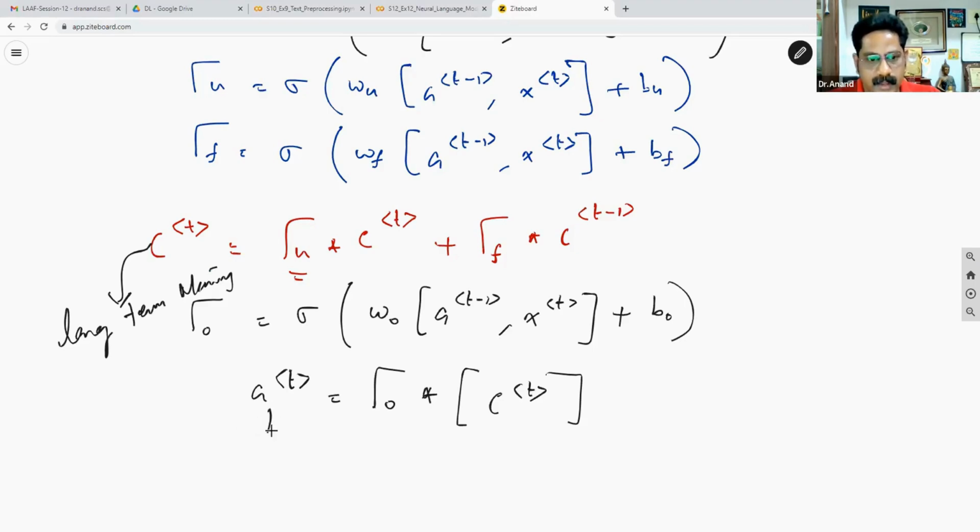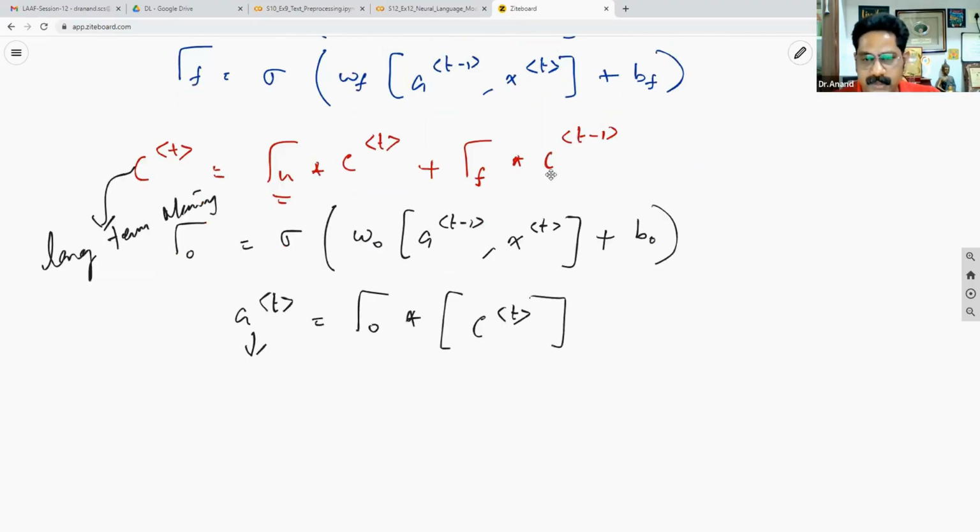Okay, your AT, in fact, CT and AT are memory units. We are giving some logical names to these. AT is considered as short-term memory, because unlike CT, I'm not updating AT and AT minus 1 in the same way.